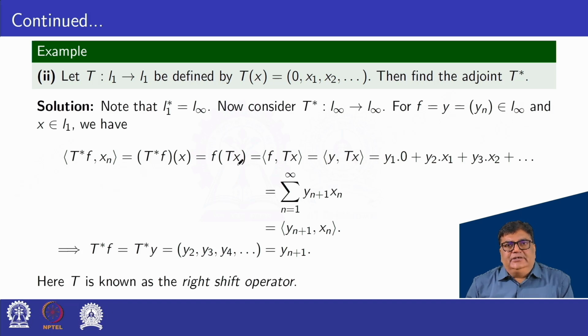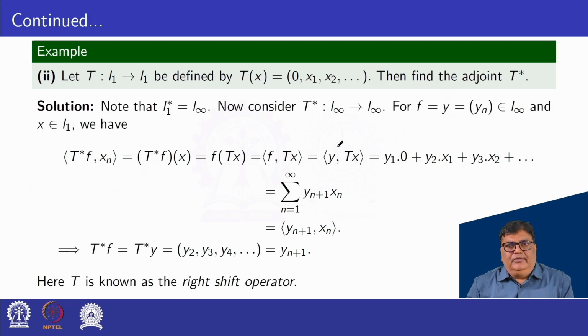So f of Tx can be written as the inner product of f and Tx. f is y, that is the inner product of y and Tx. So as per the usual definition of inner product, that is y1 into (Tx)1 plus y2 into (Tx)2 and so on. So here Tx is (0, x1, x2, and so on), and y is (y1, y2, and so on).